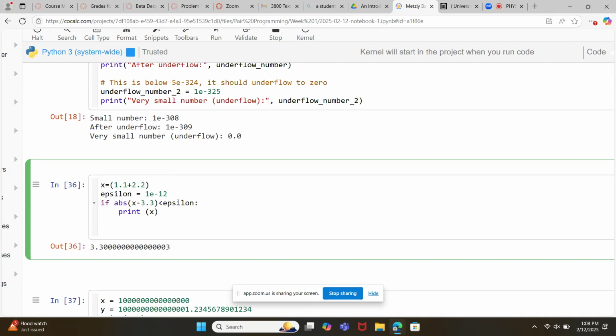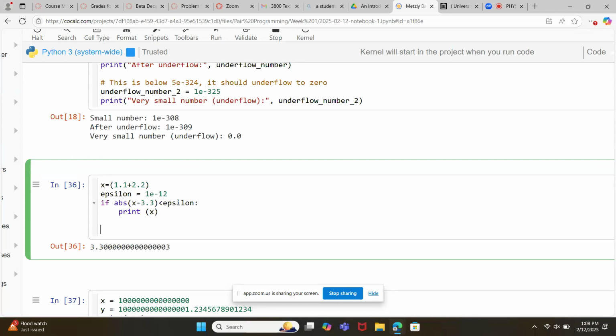And of course, we can count: this is 10 to the minus 1, 10 to the minus 2, 10 to the minus 3, and so forth. So we can say something like epsilon is 1e-12, which means 10 to the minus 12. So we go 1, 2, 3, 4, 5, 6, 7, 8, 9, 10, 11, 12. That means we have 12 decimal places of accuracy.